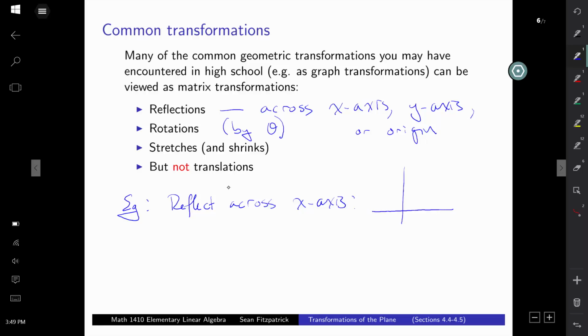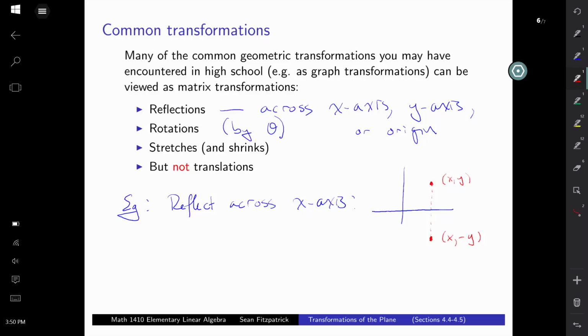If I think about it in terms of points, if I have a point up here, x, y, and I reflect across the x-axis, I'm constructing the mirror image on the other side of the x-axis from that point. Well, the x-coordinate remains unchanged. The y-coordinate is now the opposite sign of what it was before. It's the same distance away from the x-axis, but on the other side.